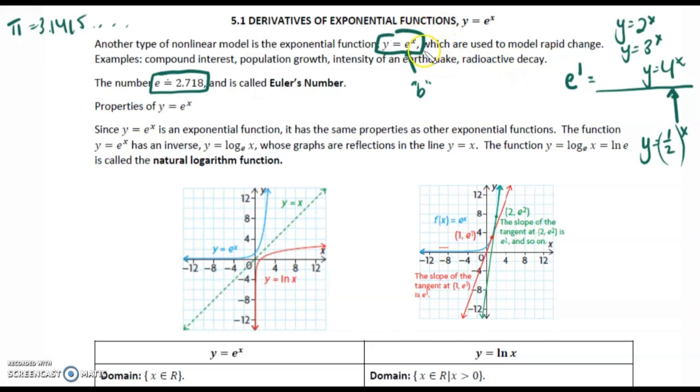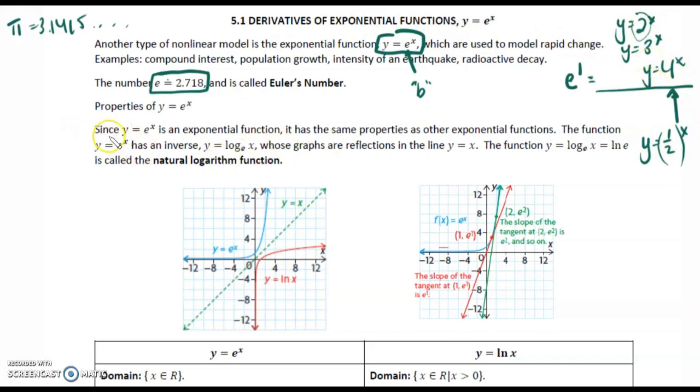E to the x is no different. E to the x is just simply the base. Instead of the base being 2, it's now 2.718. Okay, so think of it as exactly the same. So all of the algebraic calculations that you would do, say for example for e to the x, would take on the same laws as 2 to the x, 3 to the x.